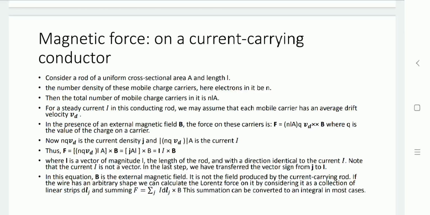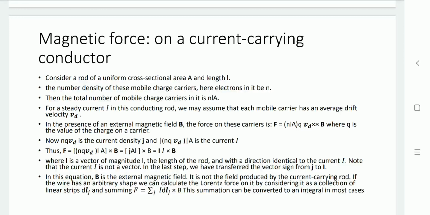If the wire has an arbitrary shape, we can find the Lorentz force on it by considering it as a collection of linear strips dLj. If the shape of the wire is arbitrary, we combine a number of small wire strips and sum their individual lengths to get the total force.